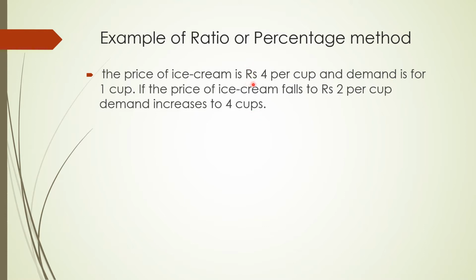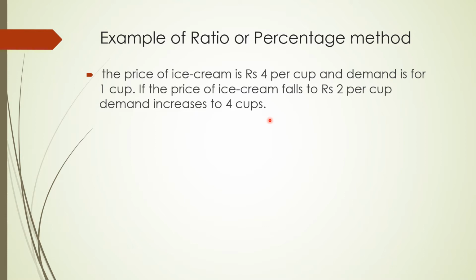When the price is high, demand is only 1 cup, which is less. As price decreases from 4 to 2 per cup, the demand increases from 1 cup of ice cream to 4 cups of ice cream. So according to the law of demand also, it's clear: when the price is high, demand is less. When the price is less, demand is high.